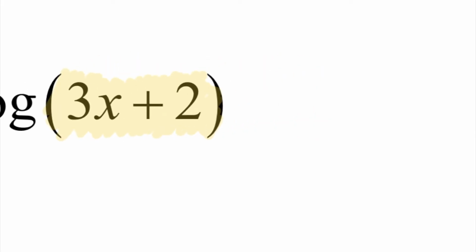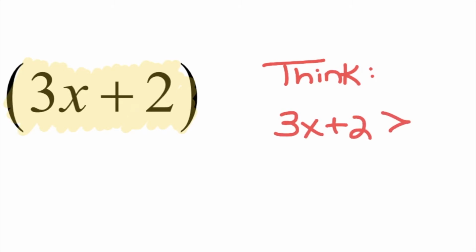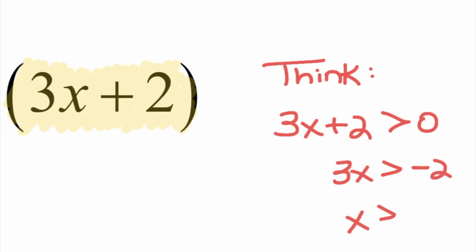And so what we're going to say here is that our thinking is that 3x plus 2 has to be greater than 0. So 3x has to be greater than negative 2, and x has to be greater than negative 2/3.